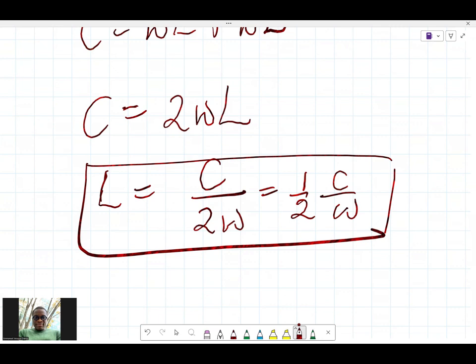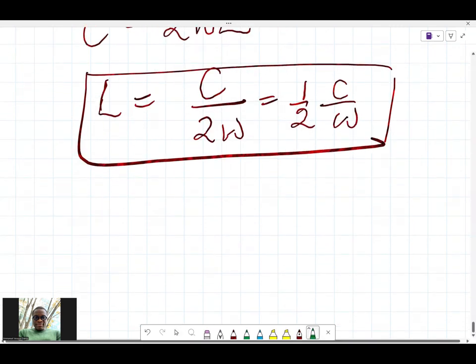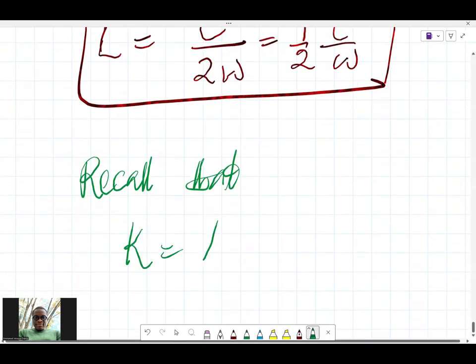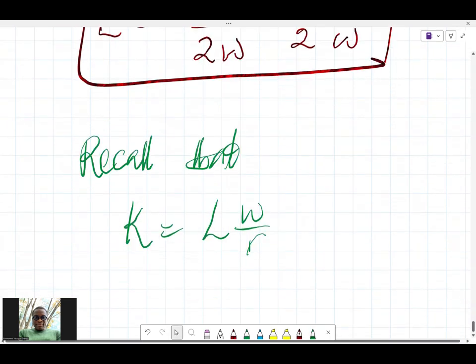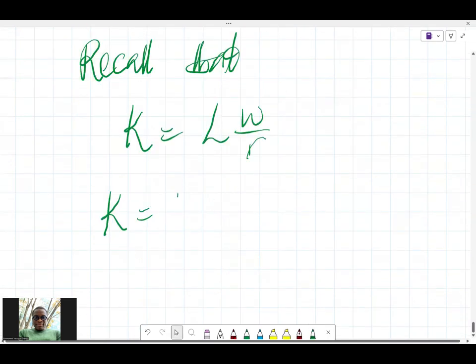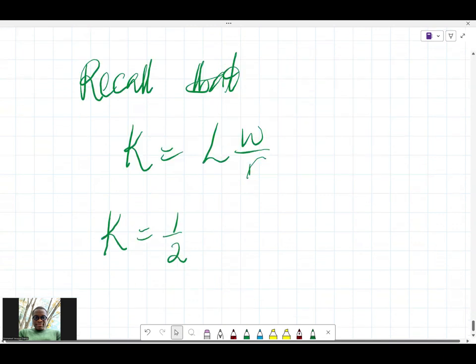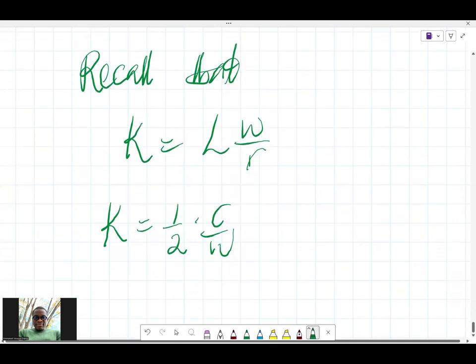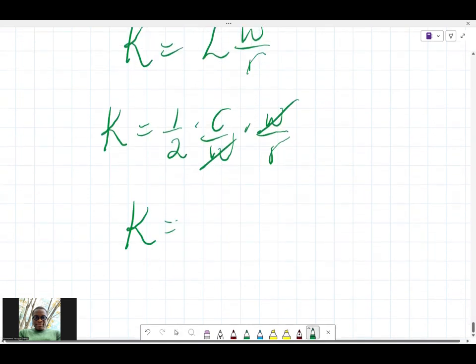You recall that up there we got K to be equal to LW over R. Now we have our L, so K is equal to 1 over 2 C over W, then W over R. This cancels out, so K itself now is half C over R.